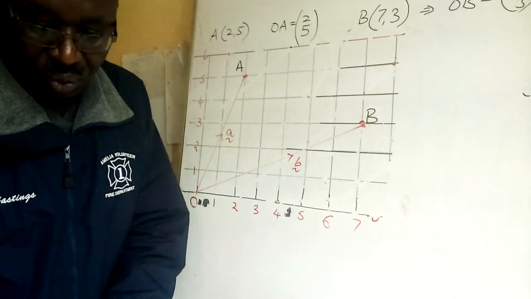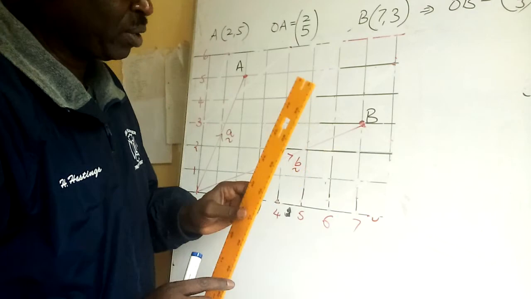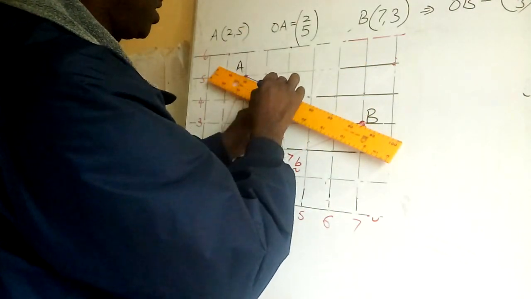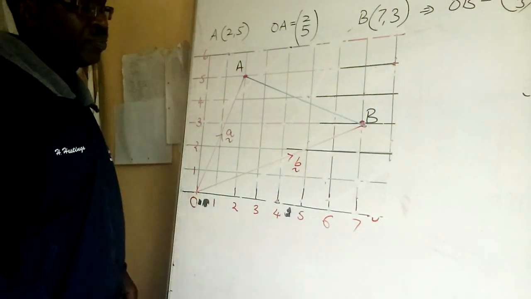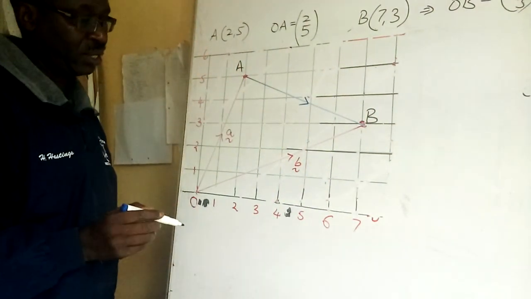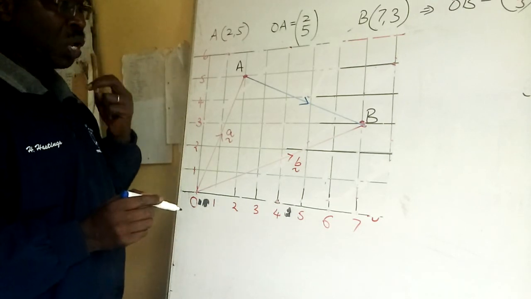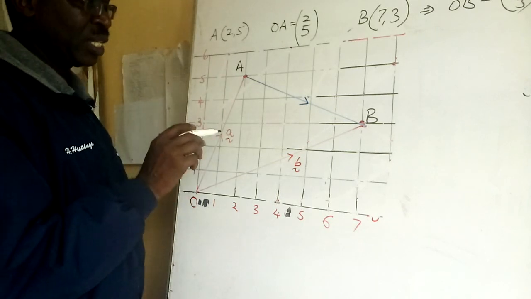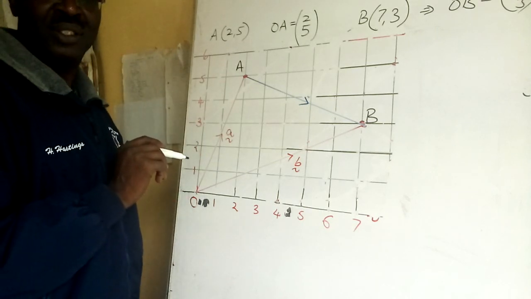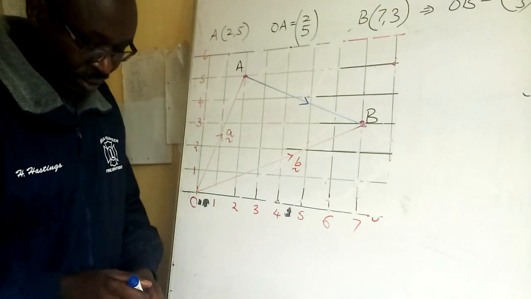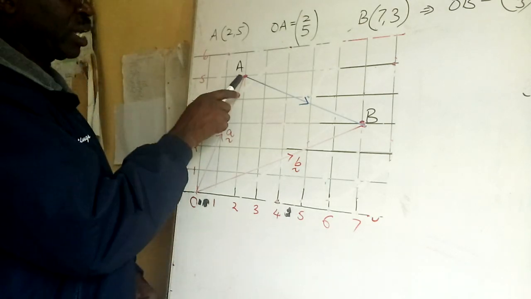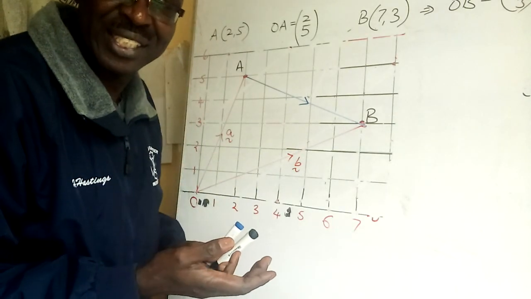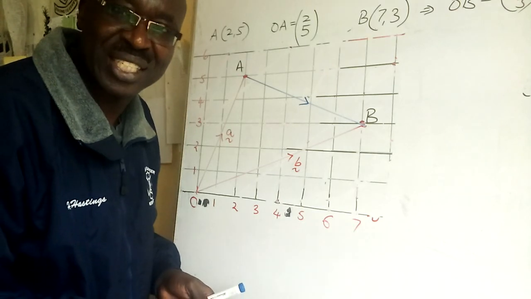Now, folks, I want us to learn AB. We want to learn how do you get A to B. Mathematically, I have many methods.